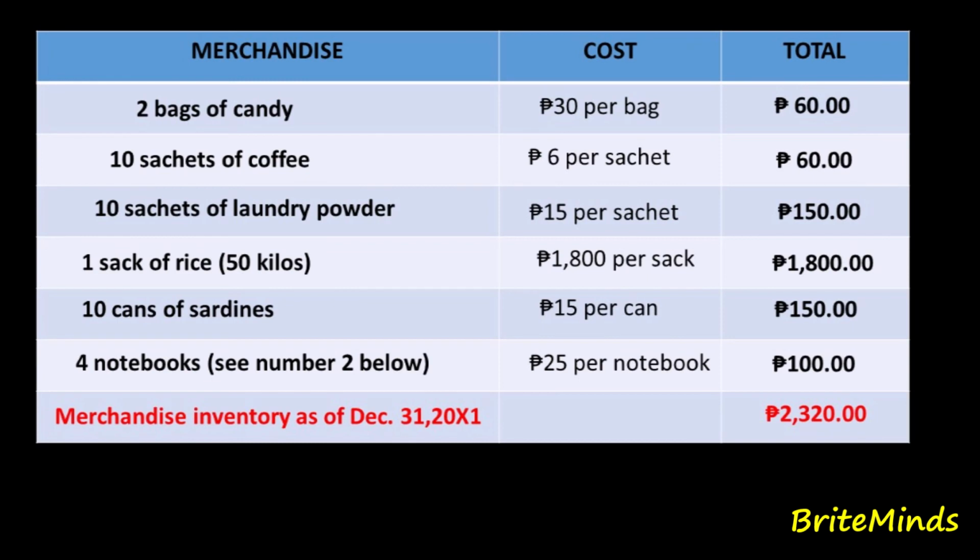And then only 4 notebooks are accounted because they are on sale. So the 1 notebook was used for the office. So the total merchandise inventory as of December 31, 20X1 amounted to 2,320 pesos.